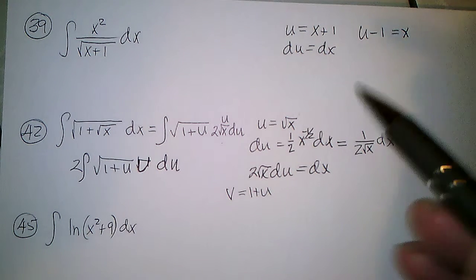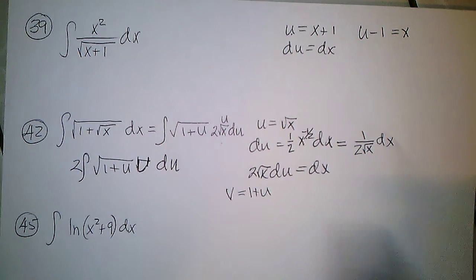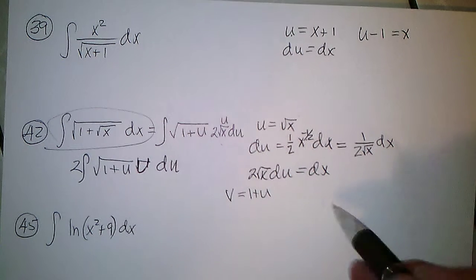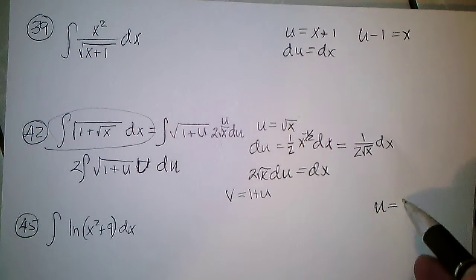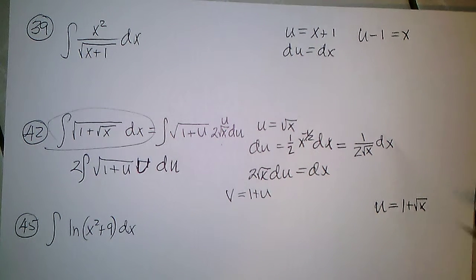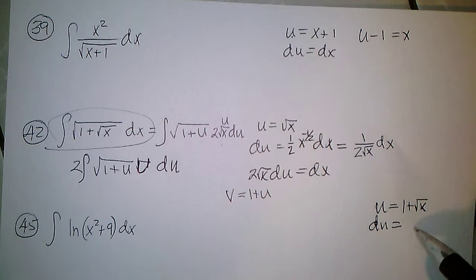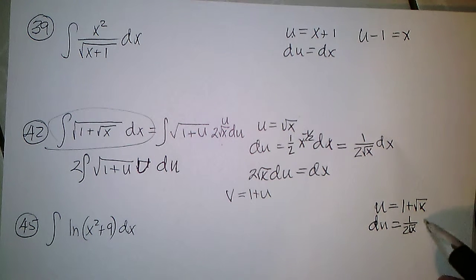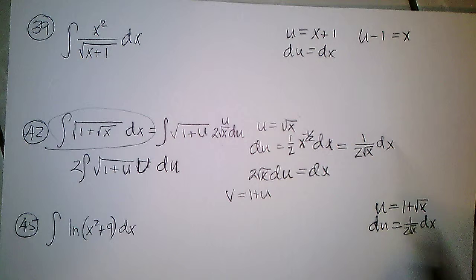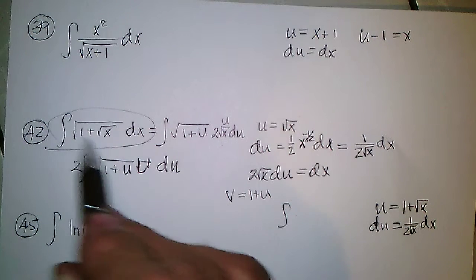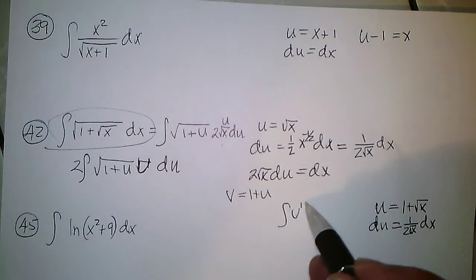Now, it might have been easier to start this one. I haven't even thought about this. I'll think about it now. I might let u be 1 plus the square root of x. Then du would be exactly the same thing we had before, 1 over 2 square root of x dx. And then this problem would become the integral of, this was u, so u to the 1/2.